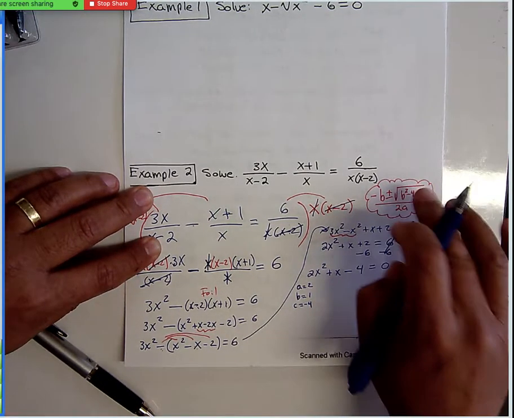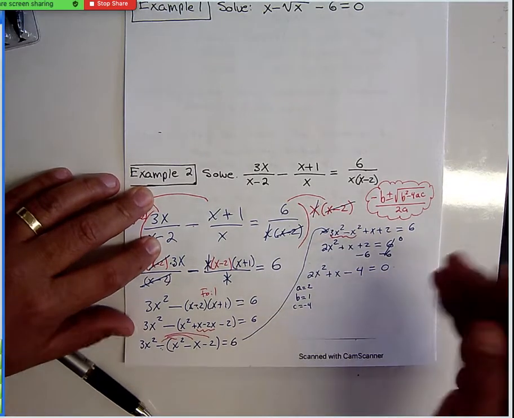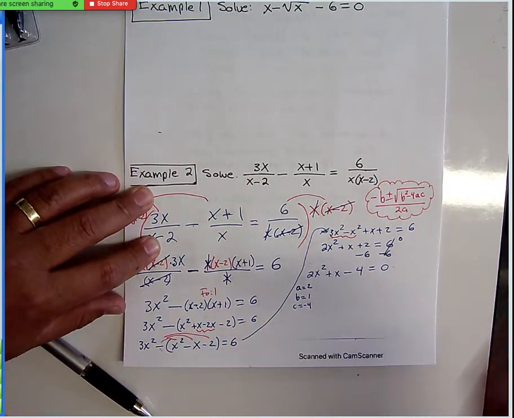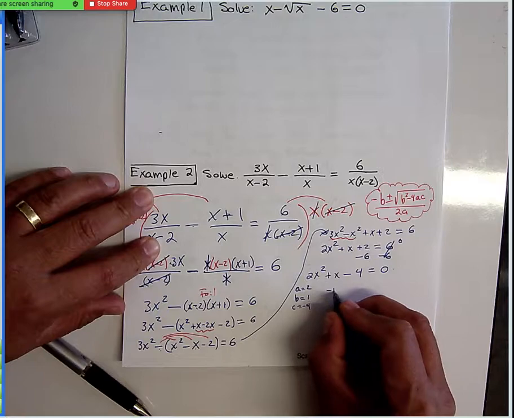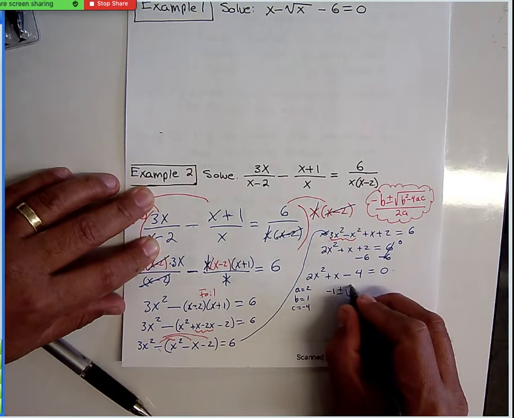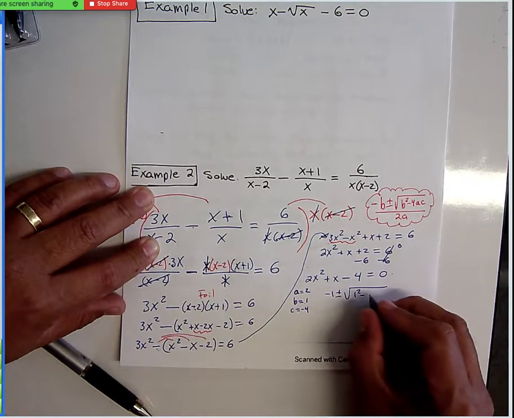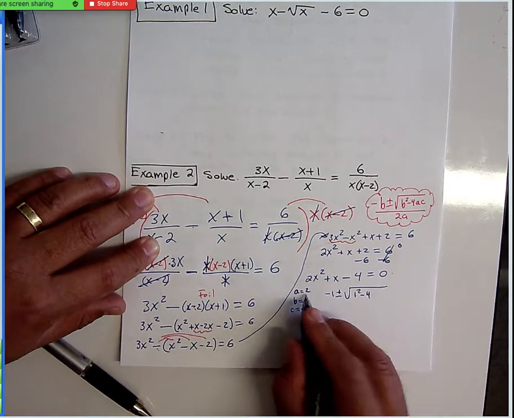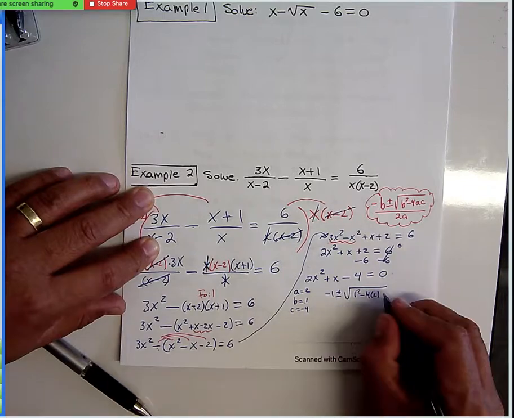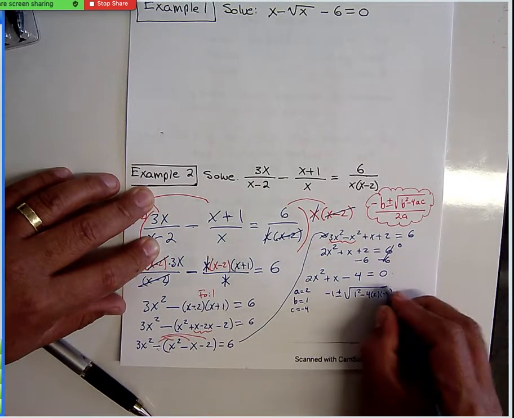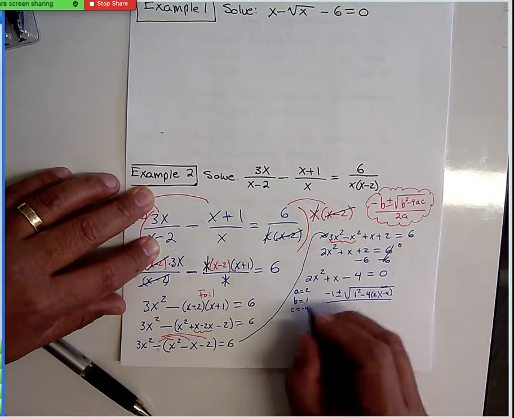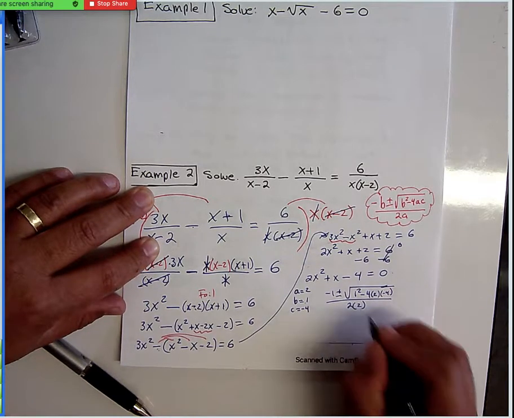I'm not going to solve this one. You guys should know. I'm just going to set it up and then I'll give you the answer. You guys simplify it. So negative 1 plus minus, b is 1 squared minus 4 times 2 times 4, over 2a, which is 2 times 2.